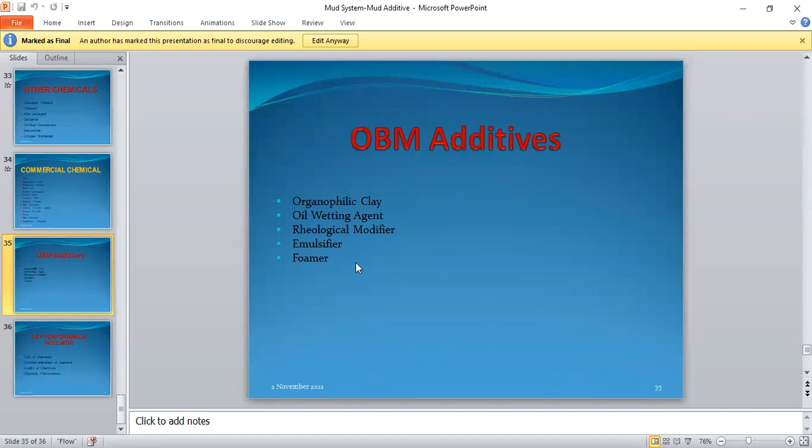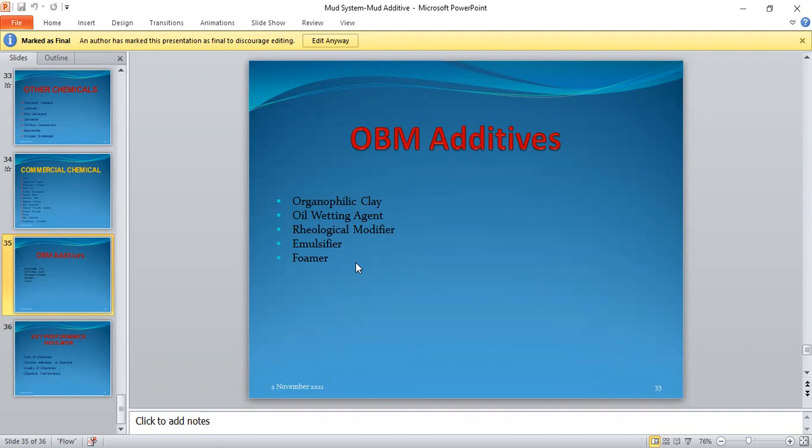Oil wetting agent. You have to add it so that the solid chemical additives you're putting can mix with the oil and water in a homogeneous manner. It will not be separating, it will not fall to the bottom, it will not settle down. You have rheology modifiers.